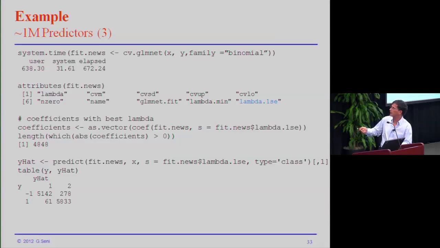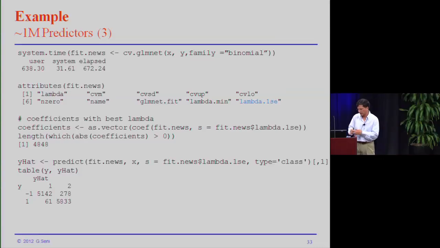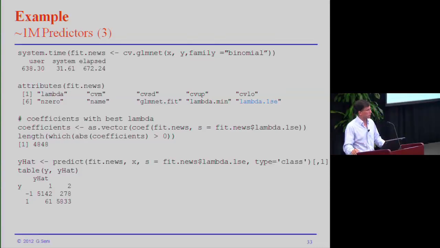And when we do cross-validation with CV-GLM-net, we get an extra element in the result, lambda 1SE. Like in the case of decision trees, that's the minimum plus 1 standard error. That's the lambda where the minimum error was found plus 1 standard error.